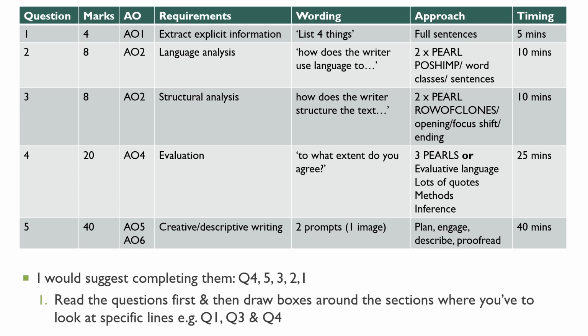It's worth 40 marks, and that 40 is split because it's the only question where you are assessed on your writing accuracy, so your spelling, grammar, punctuation, etc. You get 24 marks dedicated to your content, so how it meets the purpose and audience, how effective it is, and then 16 marks dedicated to the technical accuracy. So that's AO5 content, AO6 technical accuracy.